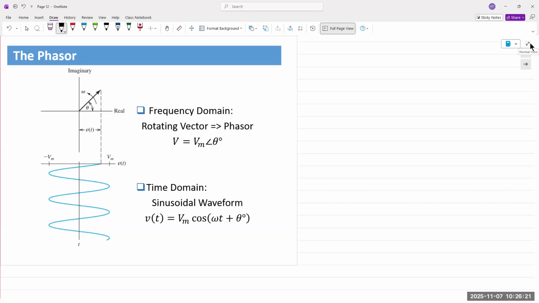In AC analysis, we have to solve differential equations, so the math becomes complex. To simplify the math, we perform a conversion. We convert time-varying sources and the impedances and reactances of the capacitors and inductors and represent them as complex quantities. So a phasor is basically the source being represented as a vector.